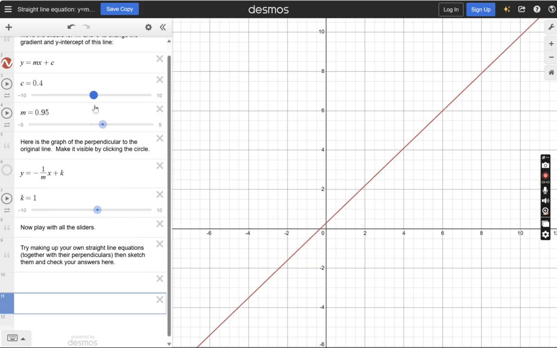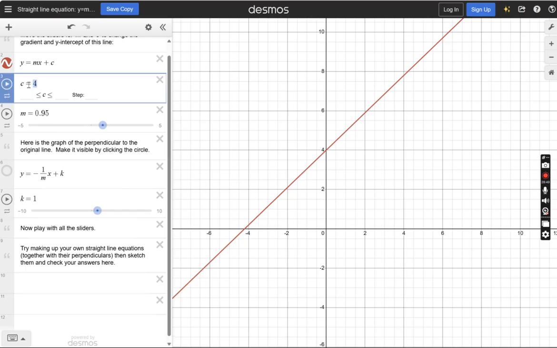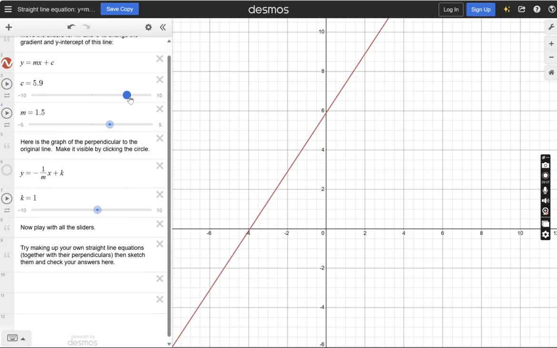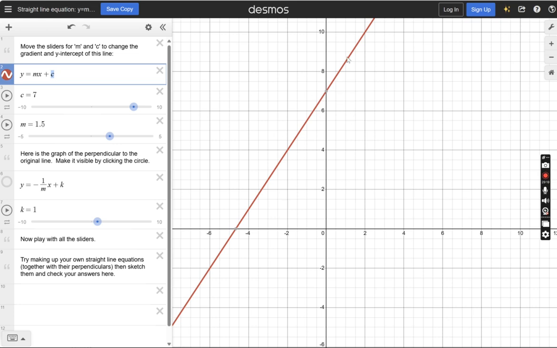If I say the intercept is 4 here, what it is essentially saying is where this line is cutting the y-axis. See, at 4 it is touching that line. If I increase it to 7, you notice it is touching the y-axis at 7. So the intercept is essentially the intersection point of that line on the y-axis.